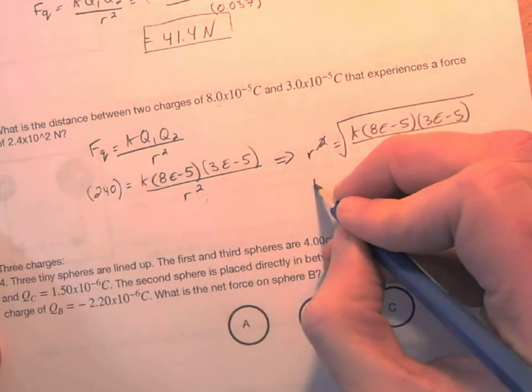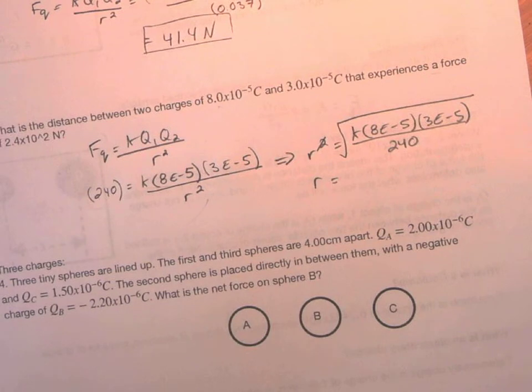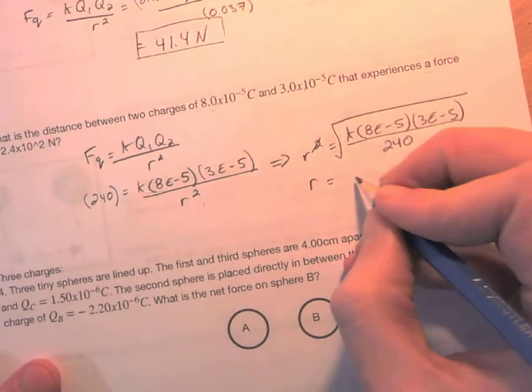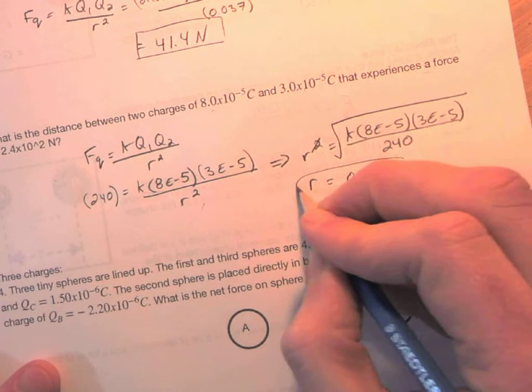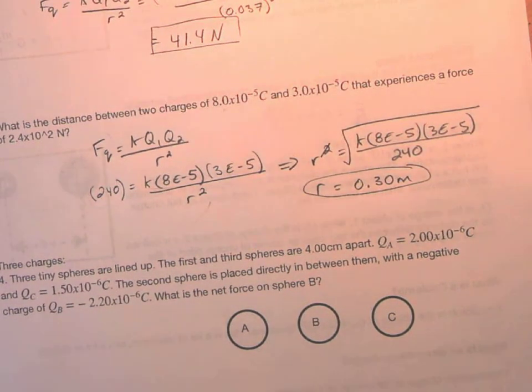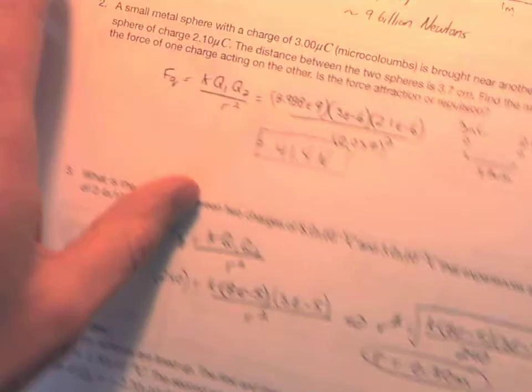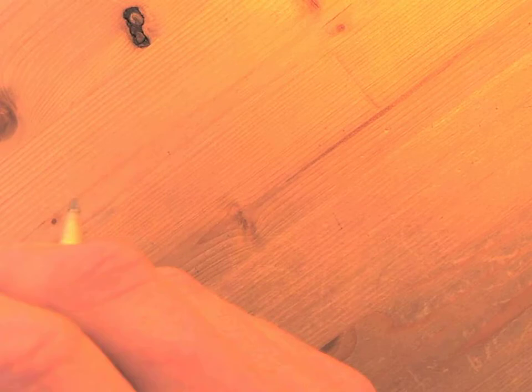When we type it in, I end up with 0.30 meters, or 30 centimeters. Okay? So that's the main way to use those equations.